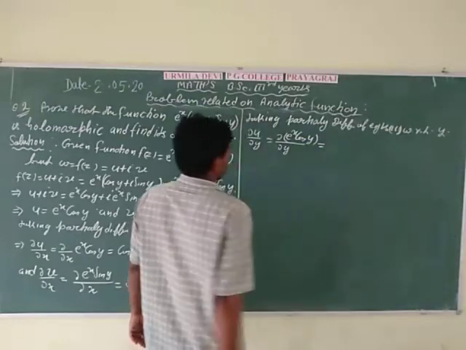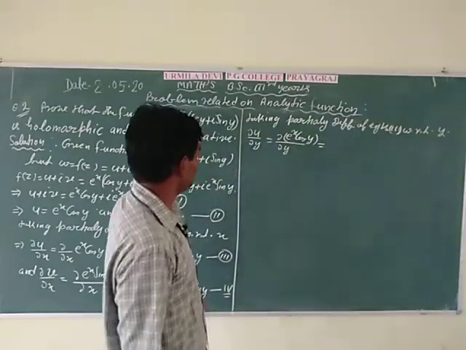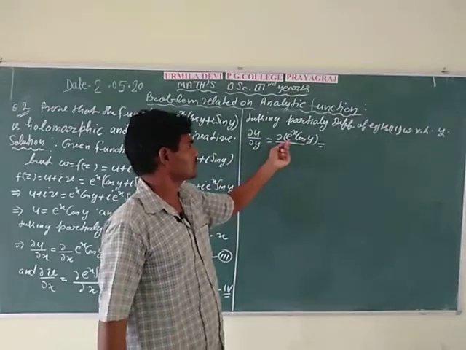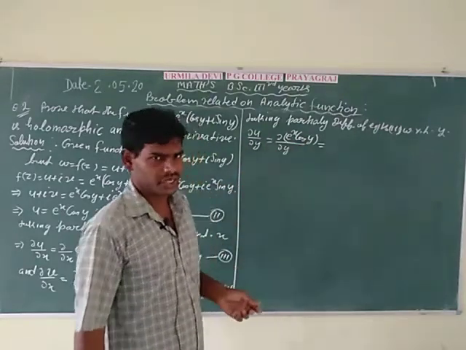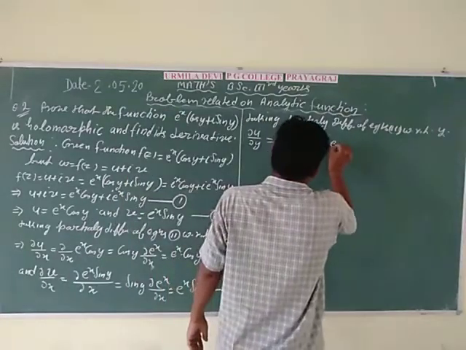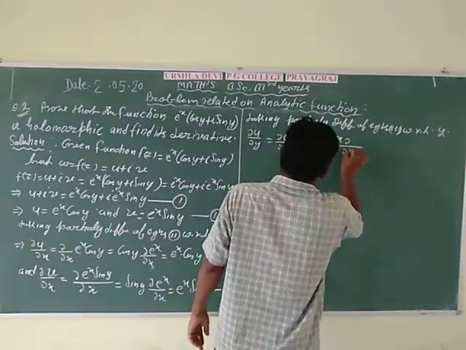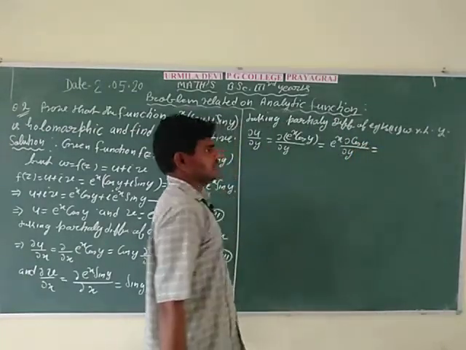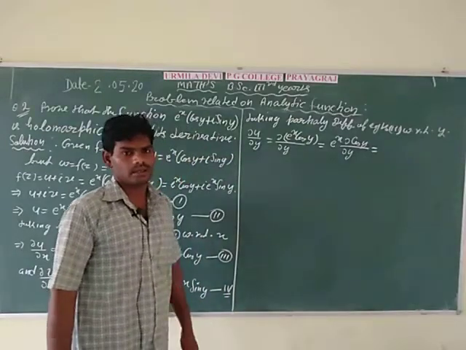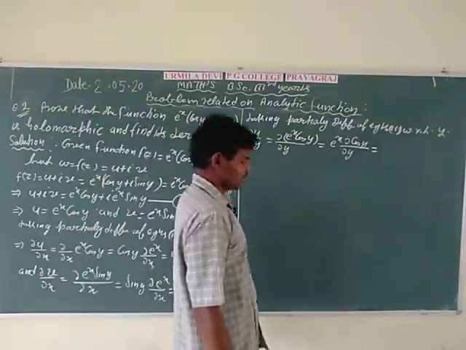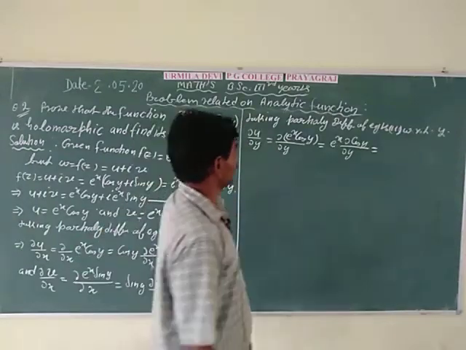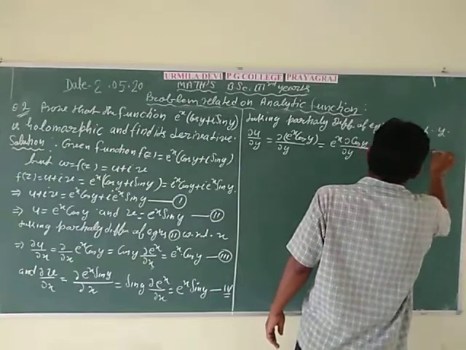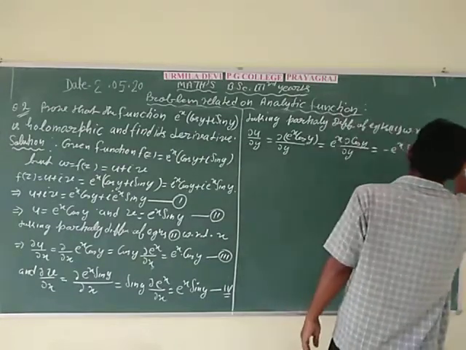Here, taking partial differentiation of real value u, means e to power x cos y, with respect to y. So e to power x is constant, so taken outside from differentiation, and write del by del y of cos y. Differentiation of cos y is equal to minus sin y according to the differentiation rule, which was already learned in intermediate classes. So it is equal to minus e to power x sin y, represented by equation 5th.